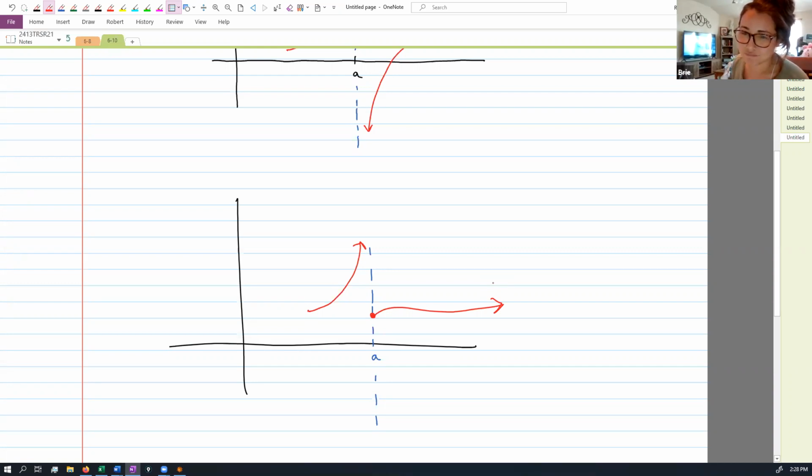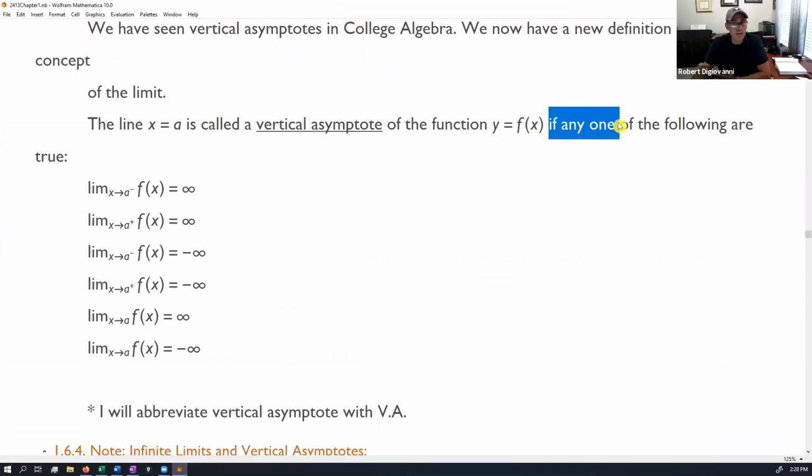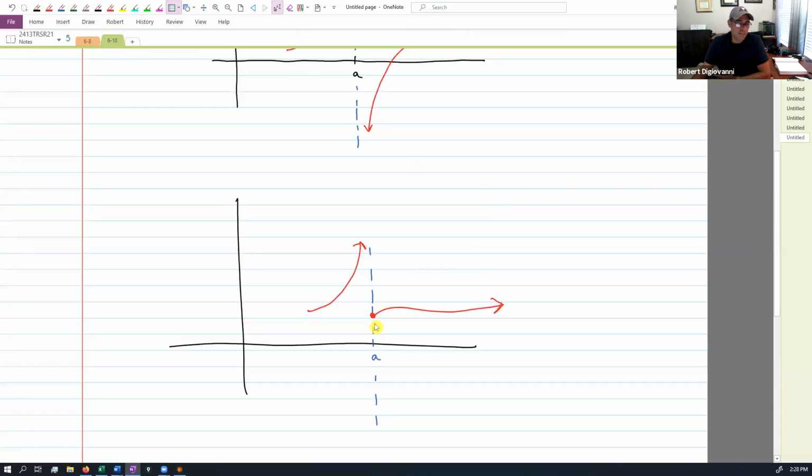But that's only for one of them. Yeah, because it says if any one of these are true. All we need is that from one side of A, you're taking off to infinity or negative infinity. If on the other side you're not, that doesn't matter. We still have one, as long as one. Now, in college algebra, all you ever study are rational functions, and those always have this happening. You don't have what I just showed you.